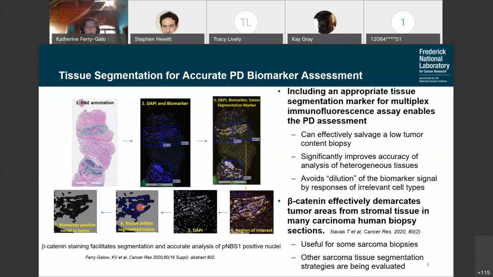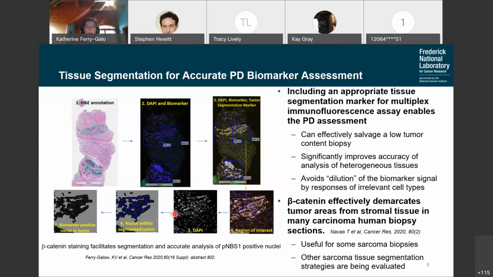And this is just showing you the use of beta-catenin as a tissue segmentation marker in a quantitative multiplex immunofluorescence assay to highlight these tumor areas in this low tumor content biopsy and be able to highlight those in the region of interest in a microscopy image.